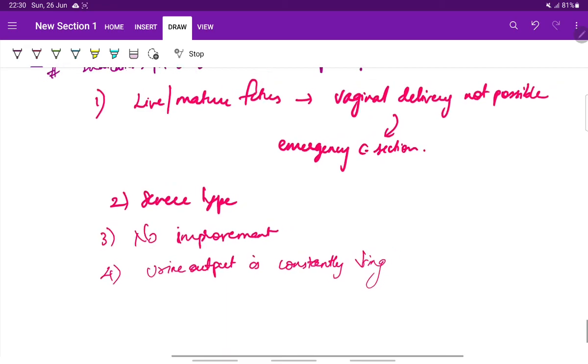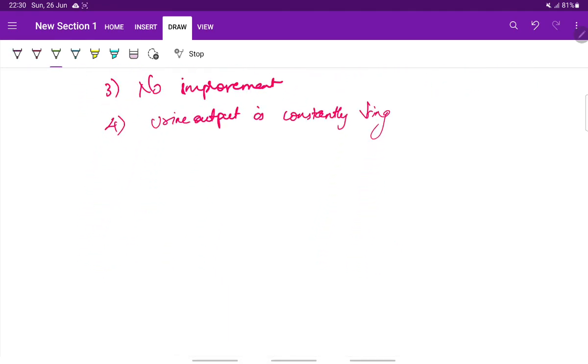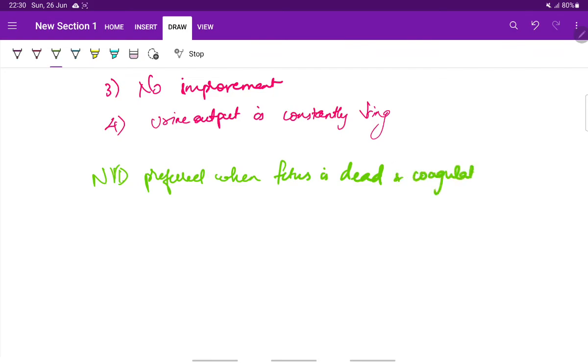These are the indications for C-section in abruptio placenta. Normal vaginal delivery is preferred if the fetus is dead and there are coagulation defects. So, in those cases normal vaginal delivery is preferred.